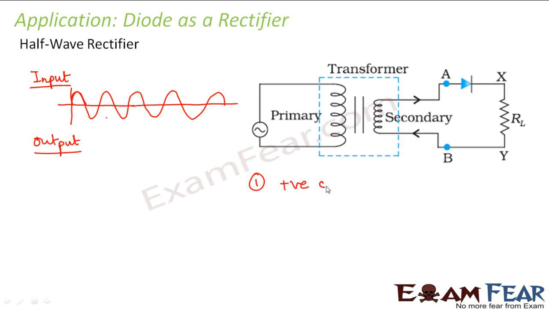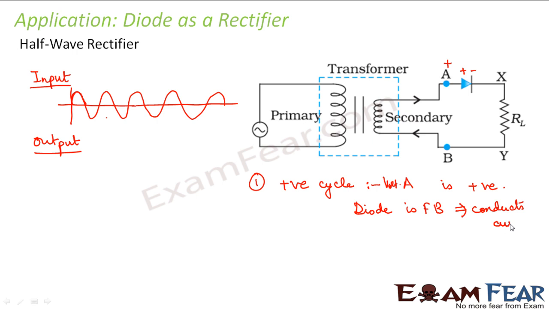When the voltage at point A is positive, the positive of the diode is connected to the positive terminal. That means the diode is forward biased, and if the diode is forward biased, it conducts current.